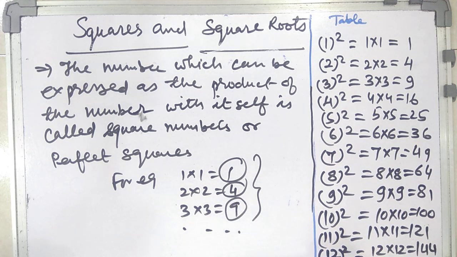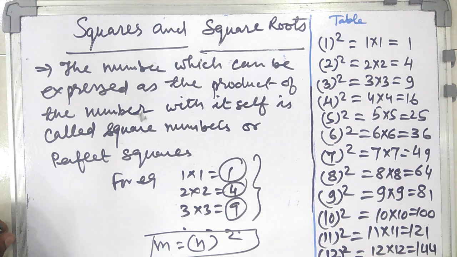In general, if a natural number m can be expressed as n square, where n is also a natural number, then m is called a square number. It means 9 is equal to 3 square. So we can say m is equal to n square. Such a number is also called a square number.